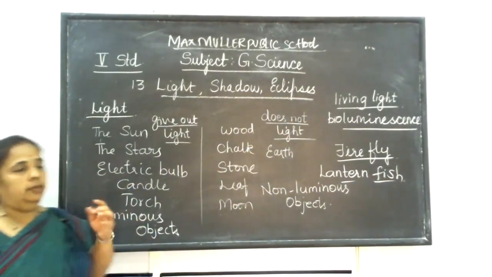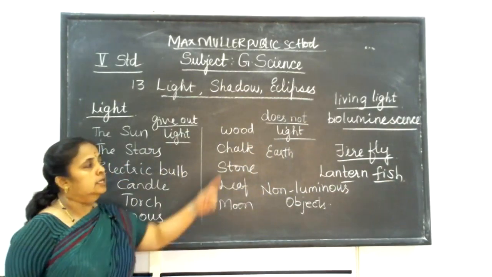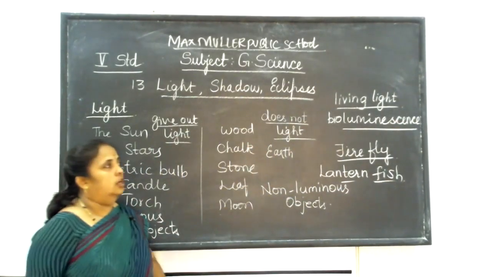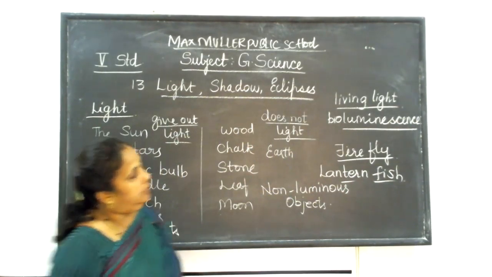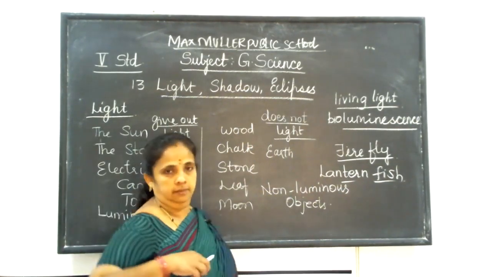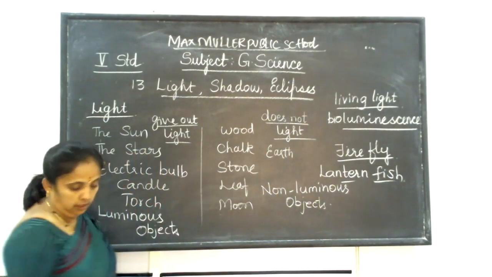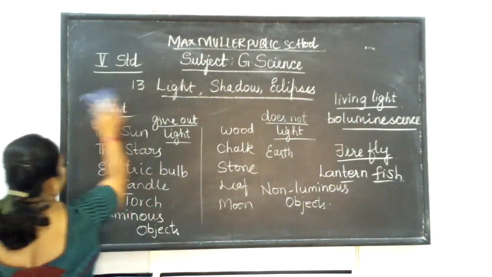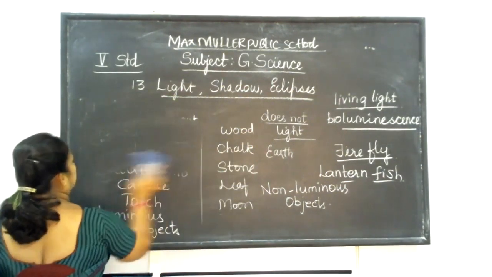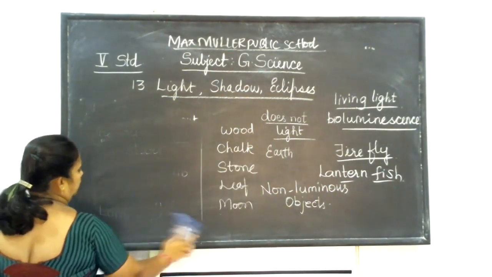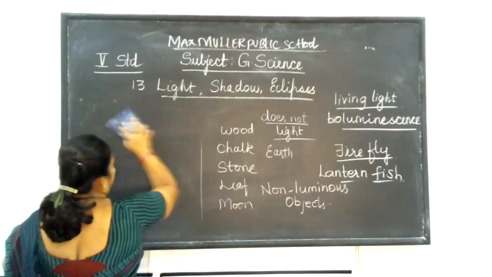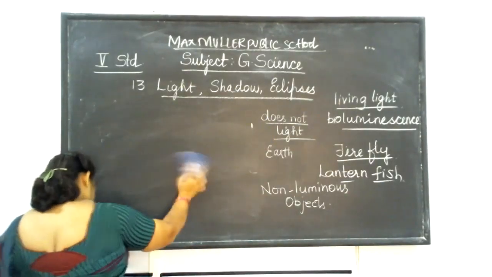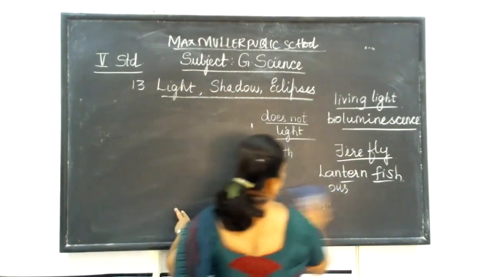The light given out by animals like the firefly and lanternfish is called living light or bioluminescence. This is about light. Understood now? Luminous and non-luminous. That which gives out light are called luminous objects, and which does not give out light are called non-luminous objects.